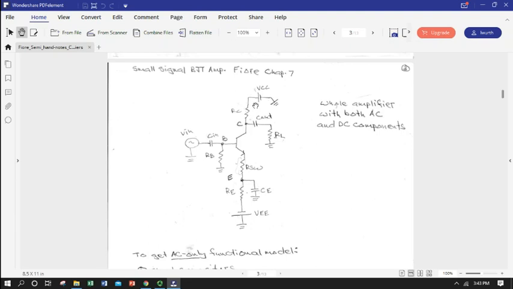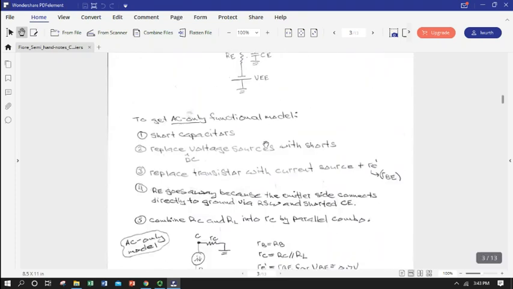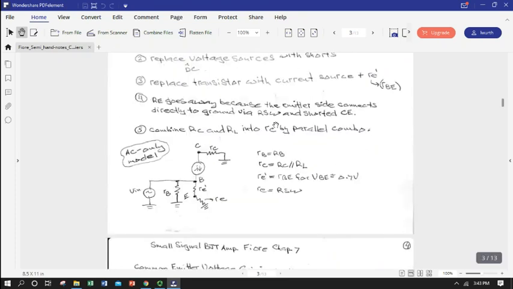Because they truly are, from the standpoint of AC, not from DC, but from the standpoint of an AC model, these two are in parallel. When we look from the standpoint of output impedance, we're actually starting on the other side of the coupling capacitor, so RC and RL are not in parallel, but from the standpoint of gain they are. So that's kind of our last step to creating our AC model.